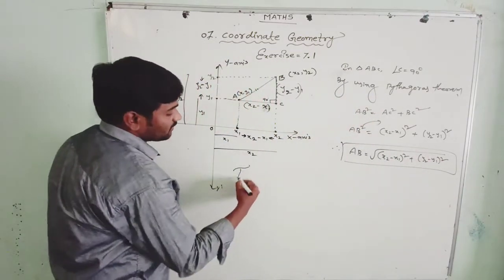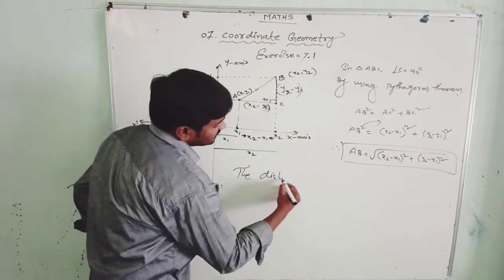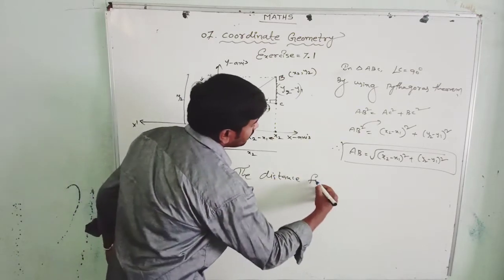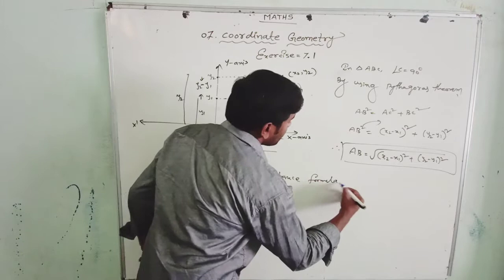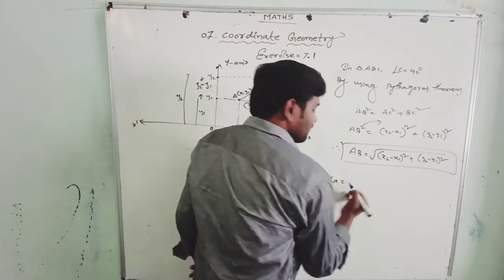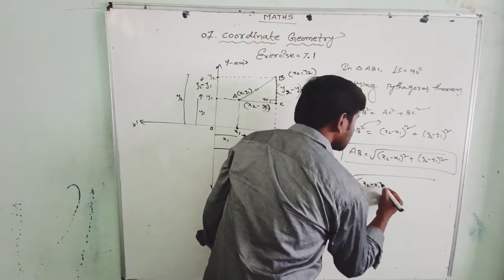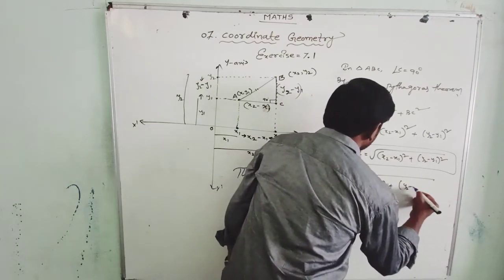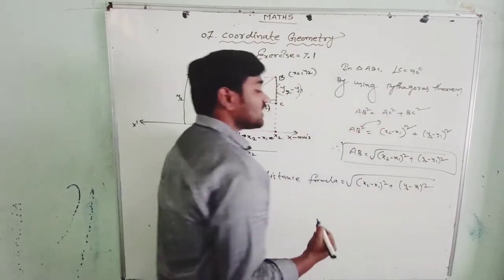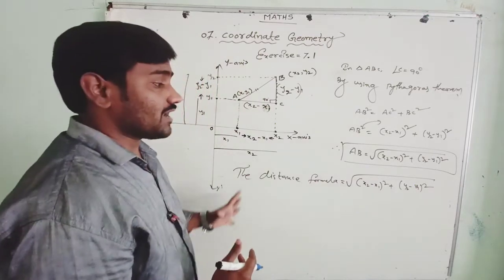The distance formula between any two points is under root of, remember, x2 minus x1 whole square plus y2 minus y1 whole square. What are x1 and y1 and x2 y2?